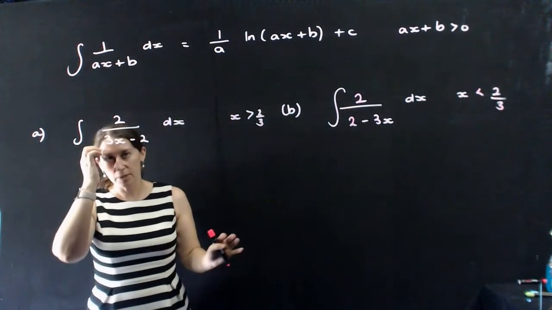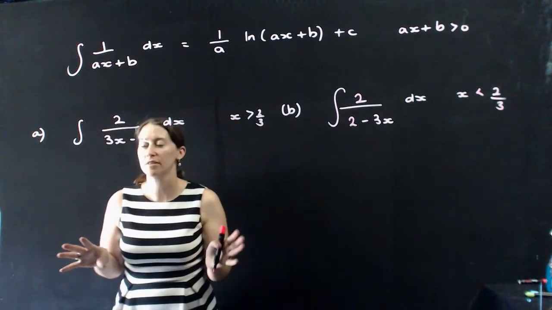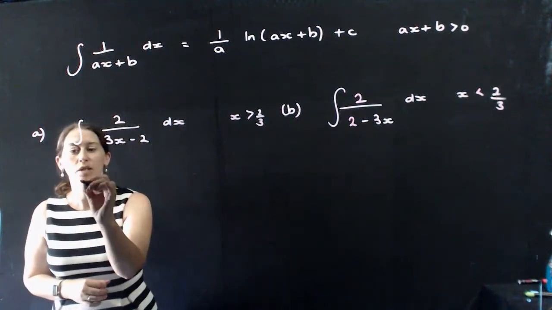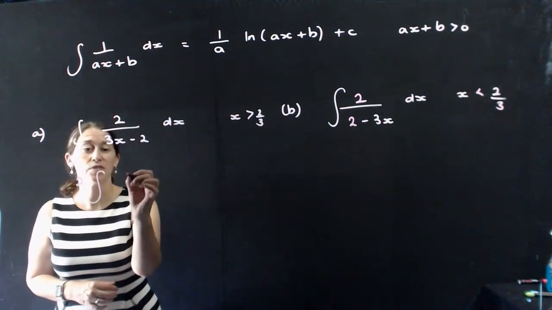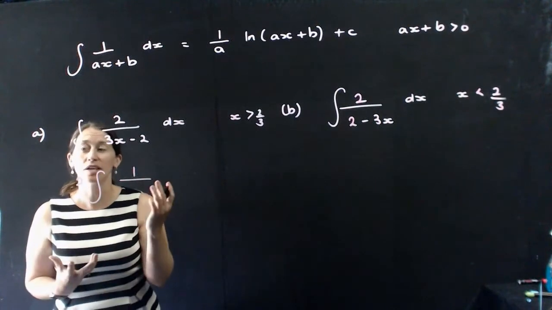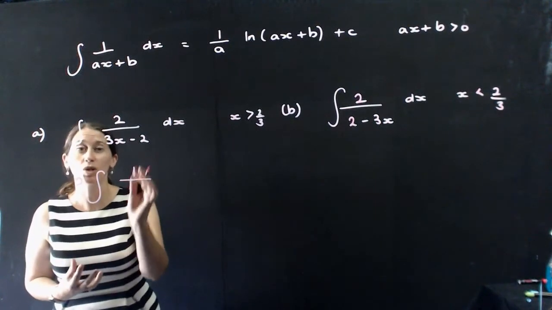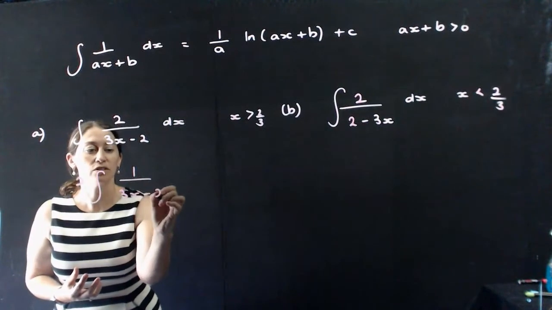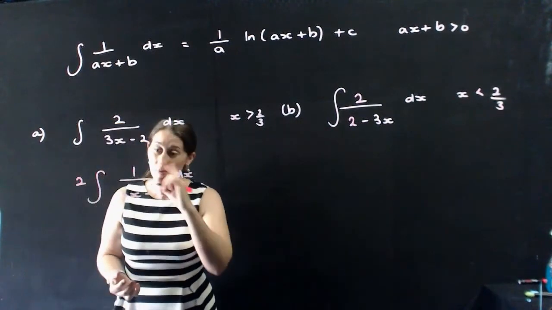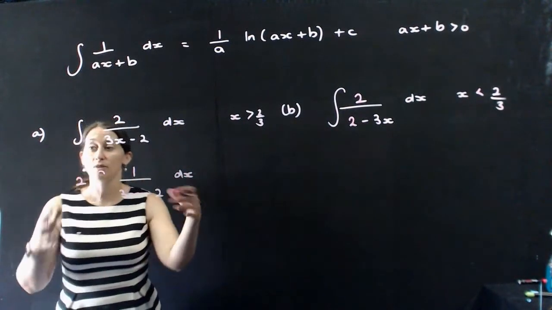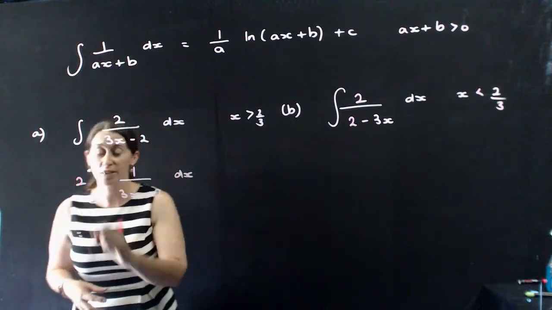All right, let's have a look at some examples. 2 over 3x minus 2. Well, we've got a constant 2 there. So remember, we can pull any constants outside the integral sign, and that enables us to integrate a function 1 over 3x minus 2 with respect to x. All we have to remember now is that we're going to multiply our answer by this 2.